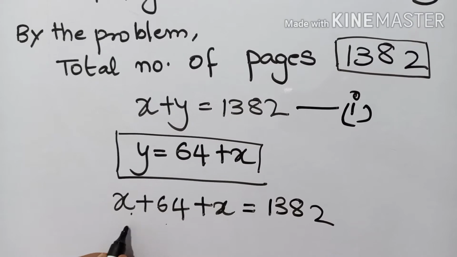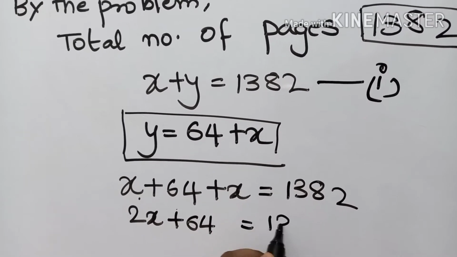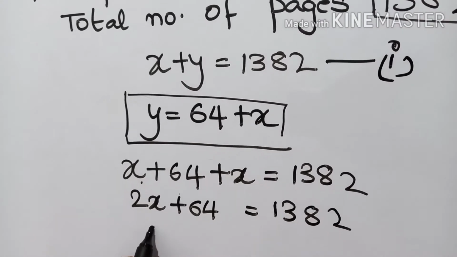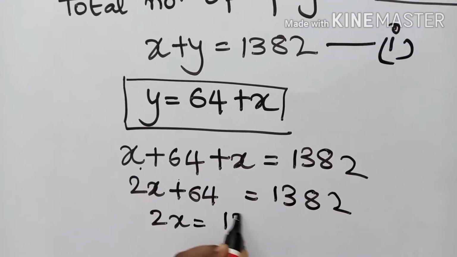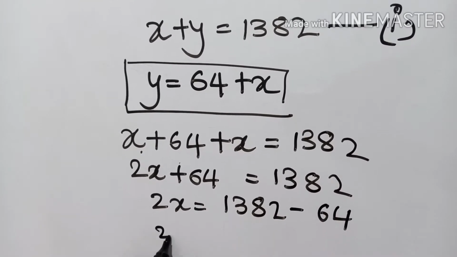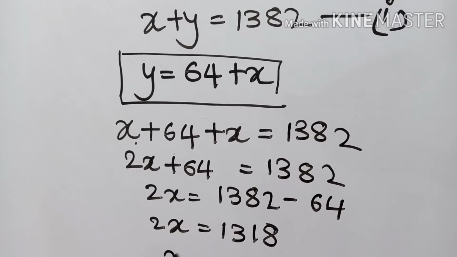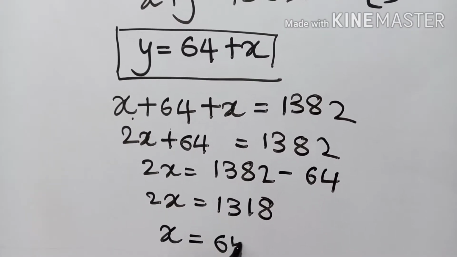Now x plus x adds up to give 2x plus 64 is 1382. Now 2x is equal to 1382 minus 64. So 2x is equal to 1318. So x is equal to 659.